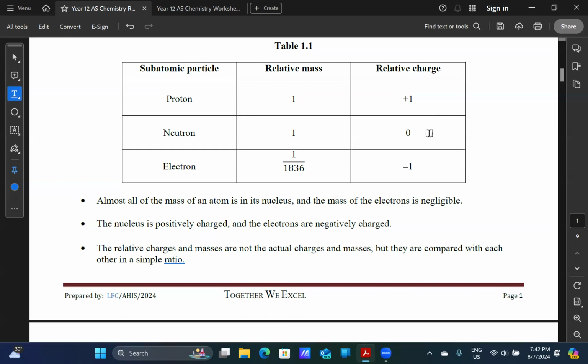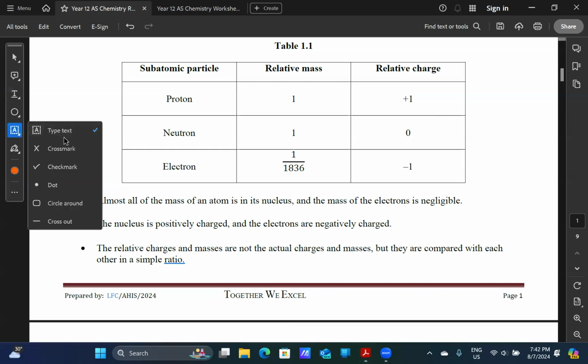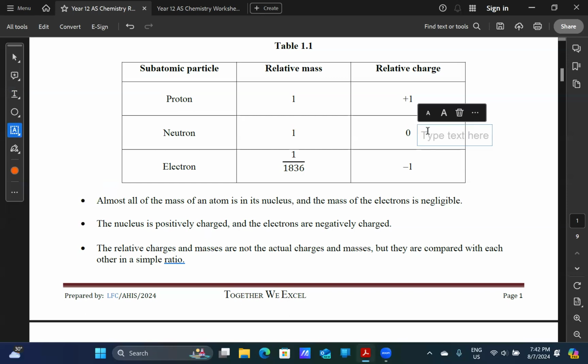So out of these three subatomic particles, neutron is neutral, or we say it carries no charge. If you want to put the number, you can just put 0.